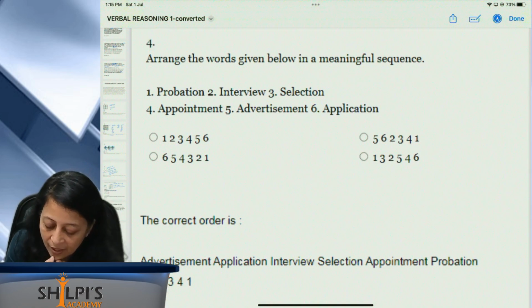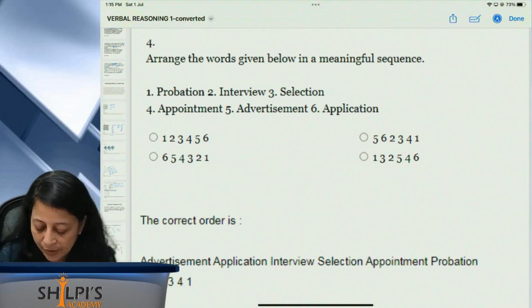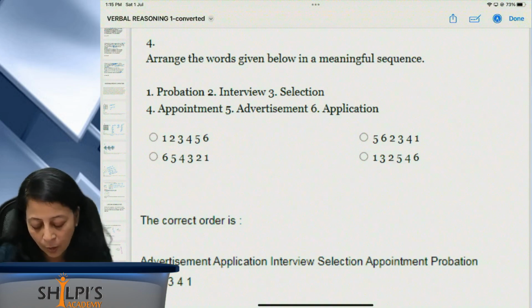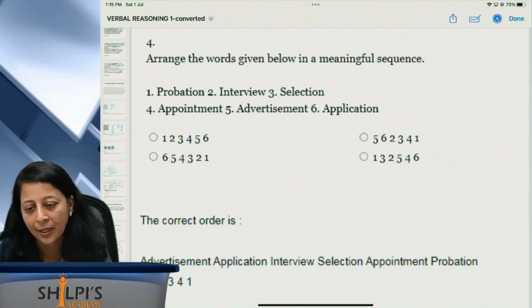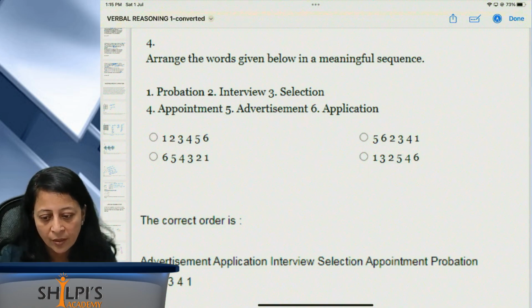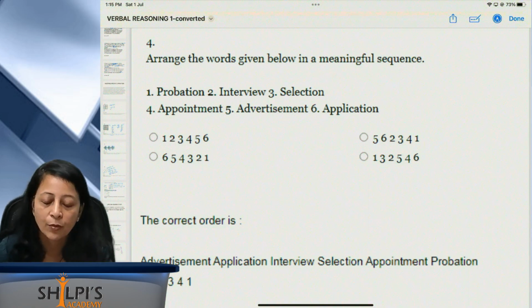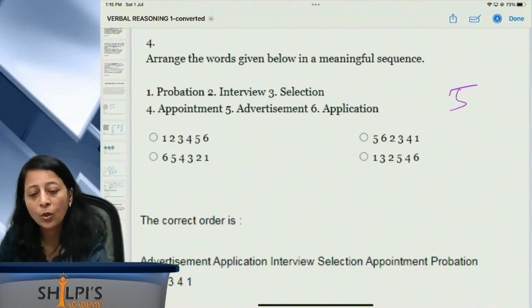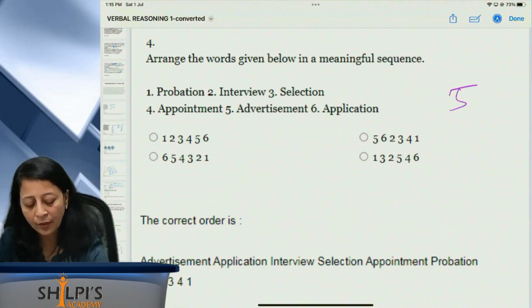Next one is arrange the words given below in a meaningful sequence: probation, interview, selection, appointment, advertisement and application. Which will be the first stage? First, they will give you an advertisement, like there is a position or a vacancy. Then you apply.